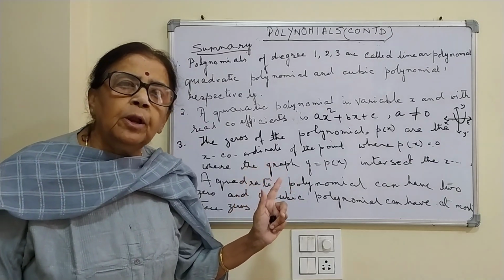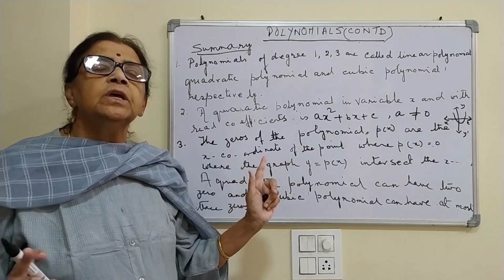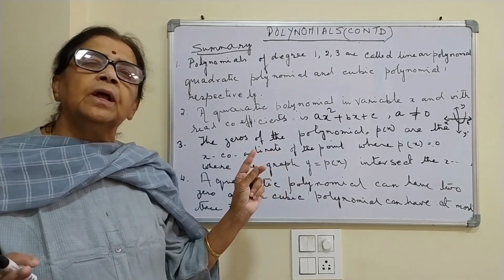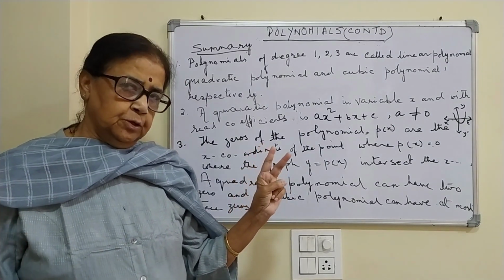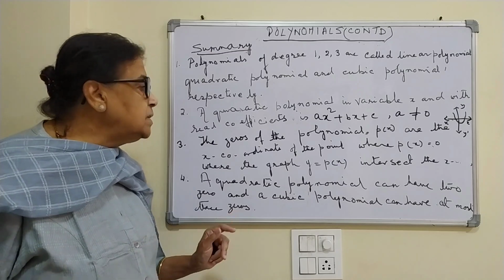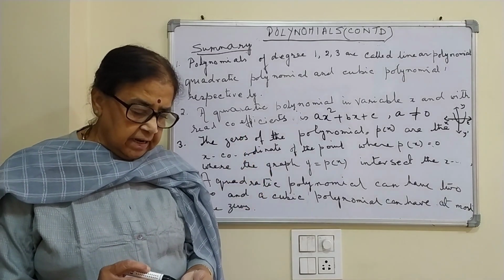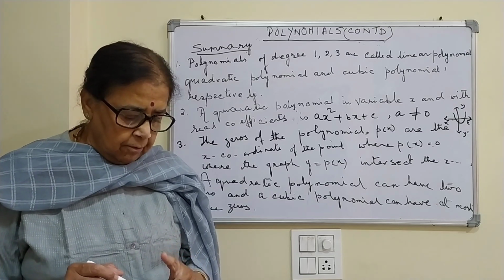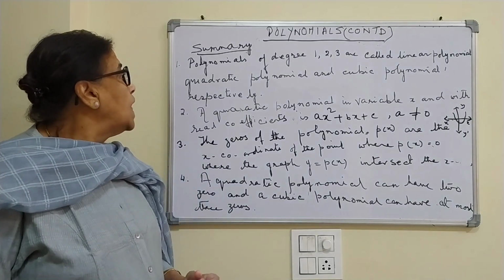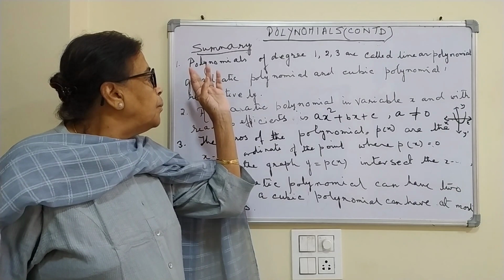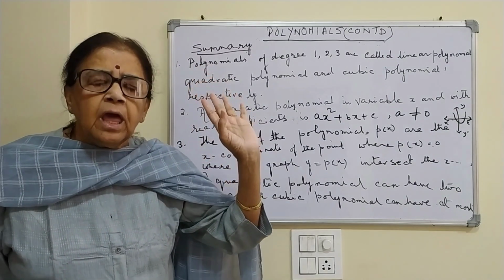A quadratic polynomial can have 2 zeros, and a cubical polynomial can have at most 3 zeros, where it is cutting the x-axis. I repeat, polynomial first we have studied.